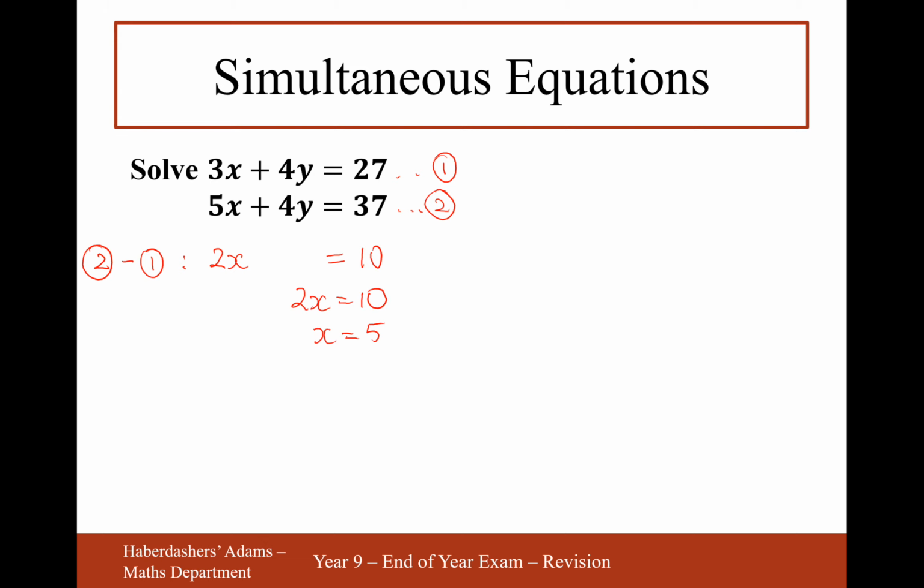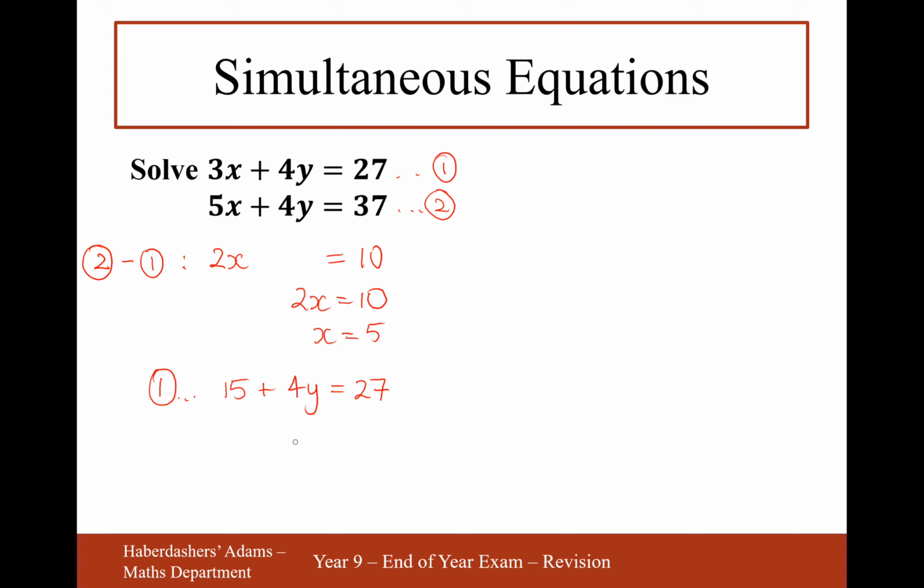Now that I know that x is equal to 5, I can go back and put that into one of the equations. I usually like to pick the equation with the smaller numbers, so I'll take equation 1 in this case. I know x is 5, so 3 times 5 is 15, plus 4y equals 27.